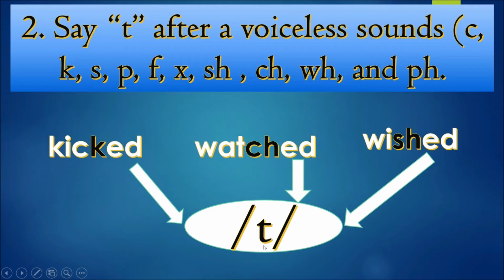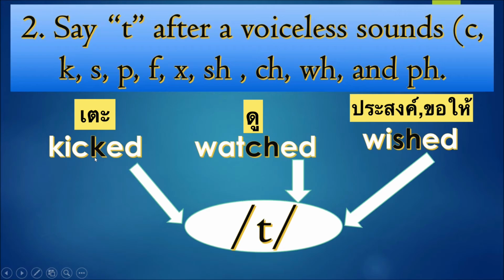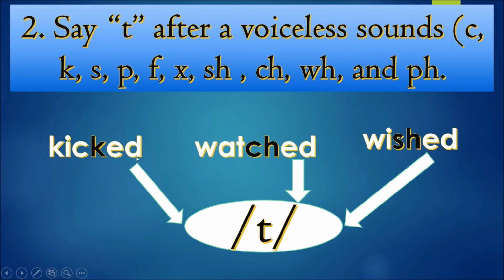The sound of ed is T. So, for example, the word kick ended with K. So, the sound of ed here is T. So, you'll say kicked. Okay? Do you understand? Because the word kick ends with K.